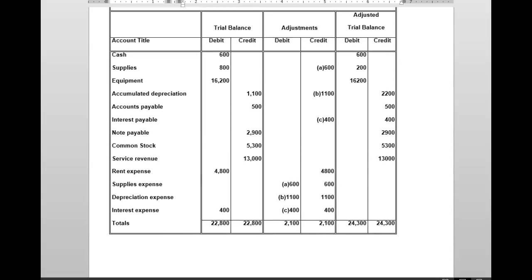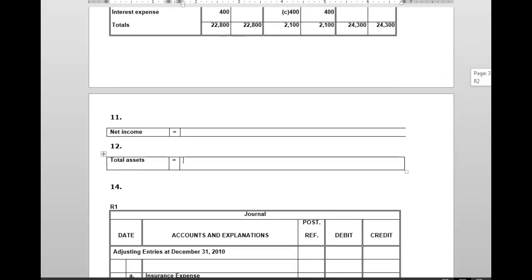Just a tad tricky. These are asset accounts, but remember I said this accumulated depreciation is a contra account to the equipment, so it's also considered in with your assets, and you would subtract that from the equipment to come up with your total assets for this problem. I'll let you wiggle around with that for a while.